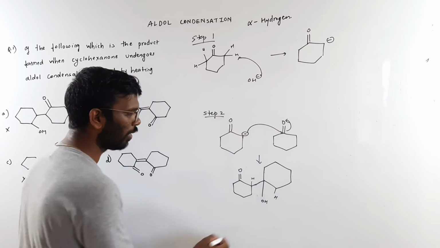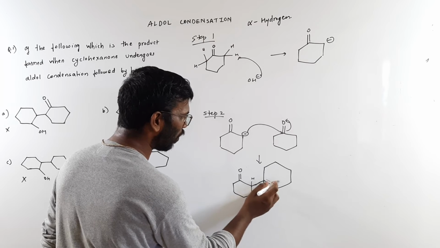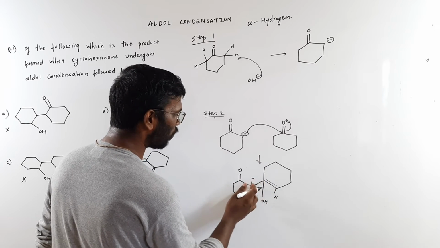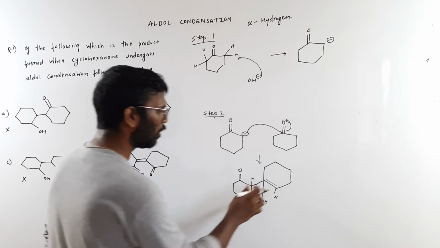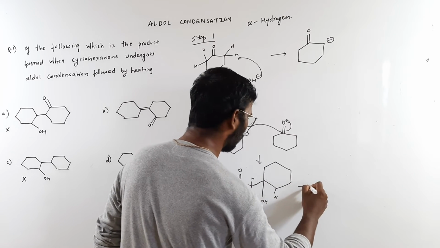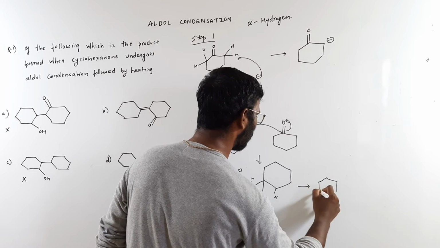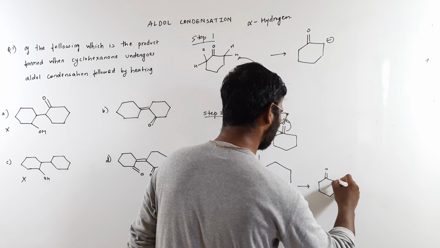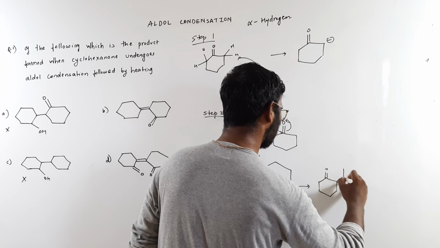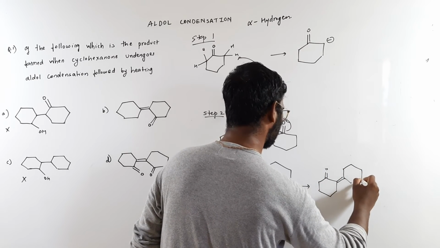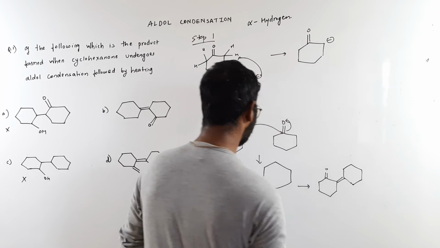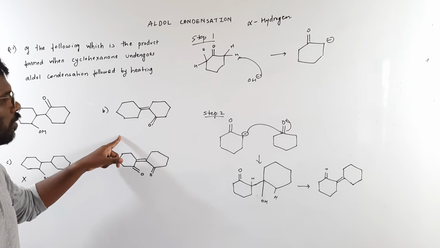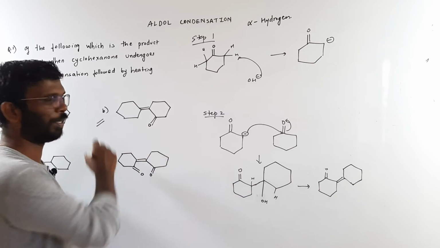If the double bond forms over here in the product, then it is not in conjugation with this pi bond. If it forms over here, then it is in conjugation. So after dehydration, the product we will be getting is this way. So this is the product which we will be getting. So the answer is option B.